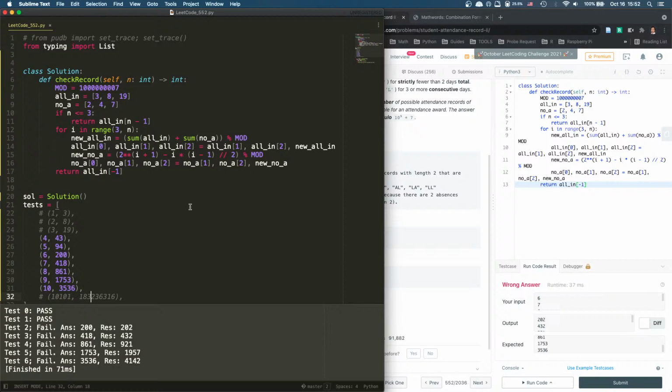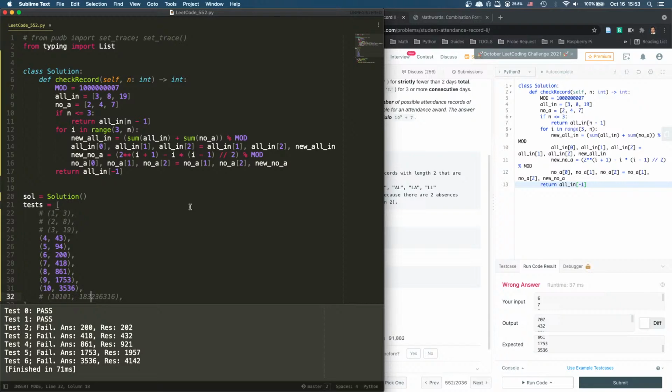Okay, so what is the problem? Let's do 6. All right, let's do 6. So we have 1, 2, 3, 4. What's 5? 5 is 94, and 2 to the 5th minus 6. That's what I think, 26.